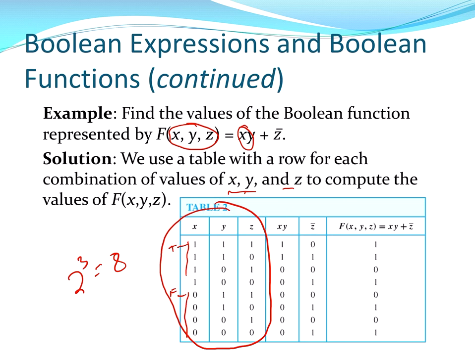And then finally, we can do the Boolean sum of these 2 columns to get the value for our function. So 1 plus 0 is 1, 1 plus 1 is 1, 0 plus 0 is 0 all the way down, and the value of our Boolean function for all those inputs is contained in that column. So just like a truth table.